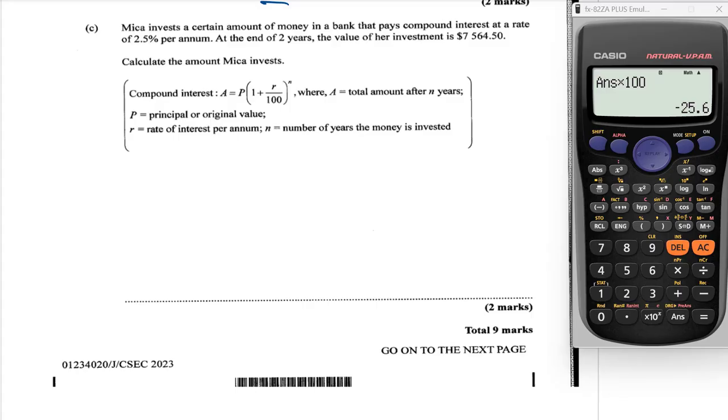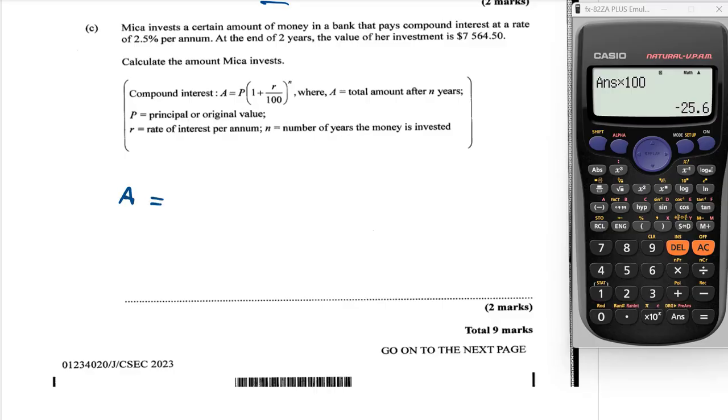Micah invests a certain amount of money in a bank that pays compound interest at a rate of 2.5% per annum. At the end of 2 years, the value of her investment is $7,564.50. Calculate the amount Micah invests. Right? So the examiner is lenient enough to give us the formula for compound interest.